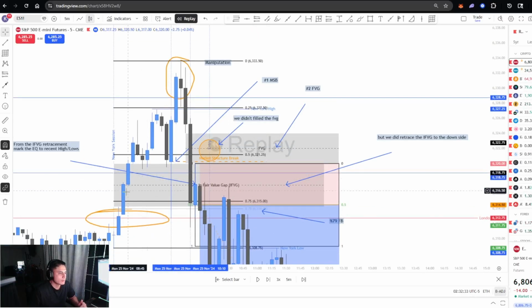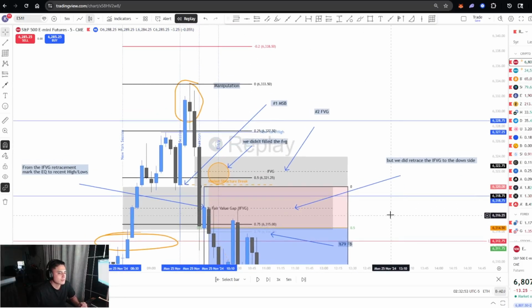So before anything happens and you're still in pre-market sessions, you're going to go ahead and see if you see any fair value gap. This was a fair value gap right here, but once we switched to the new pre-market sessions, I inputted it as an inverse fair value gap.